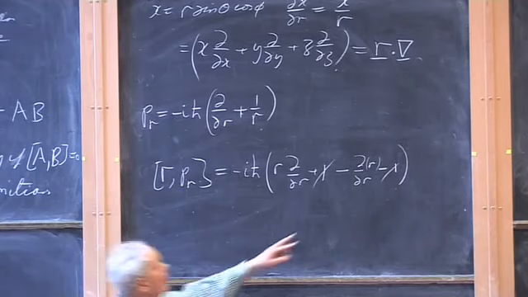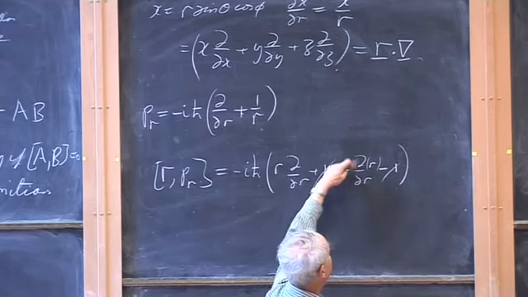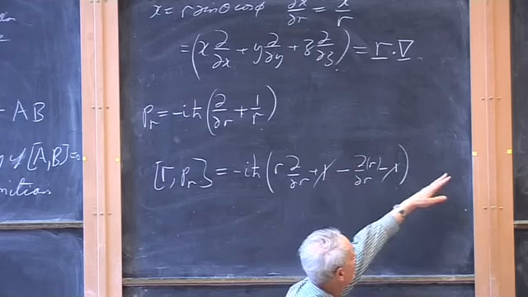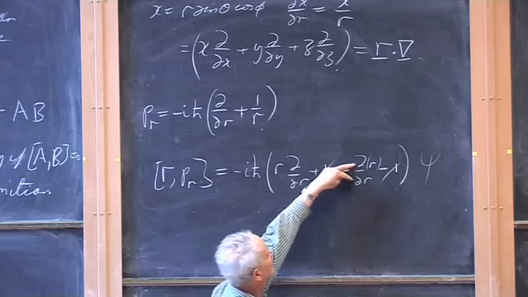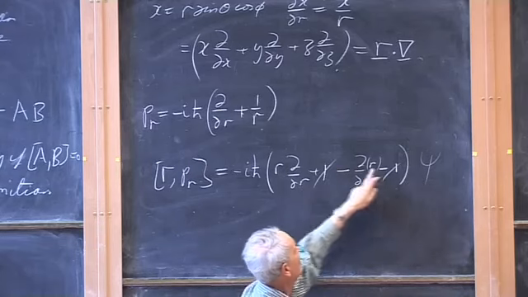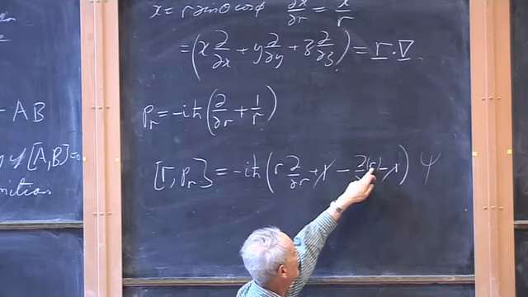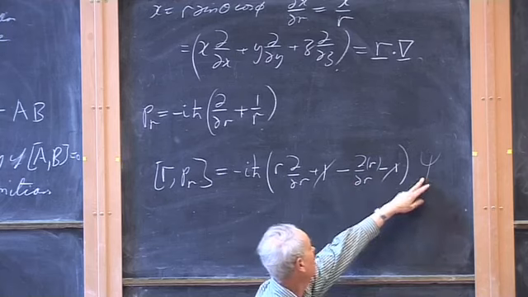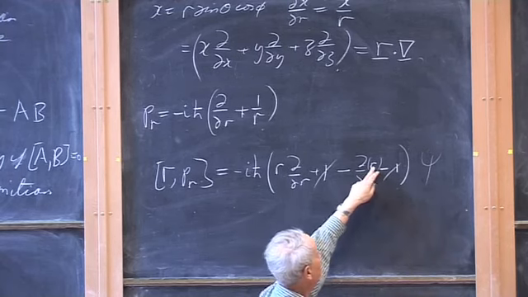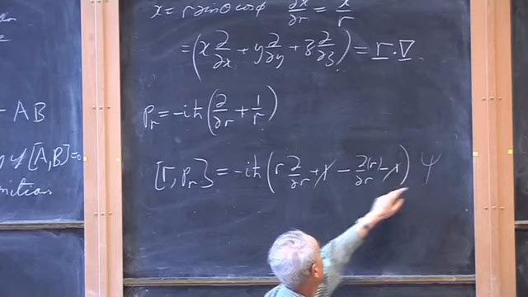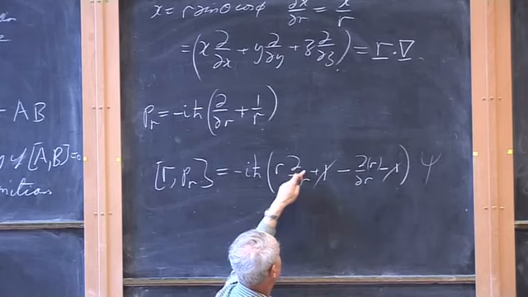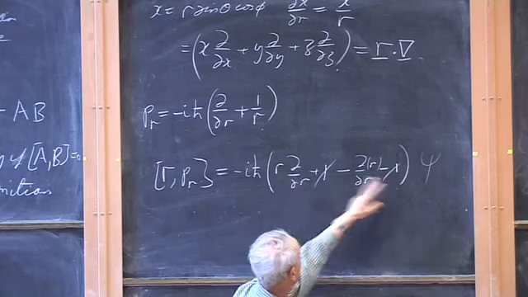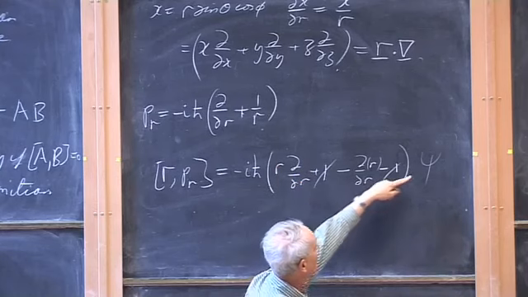Right, now as I say, what does this mean? This means d by dr of everything to its right. And there's a phantom wave function here waiting to be operated on. So this is the derivative of r times psi. When we take the derivative of the r, we get 1 times psi. And then the r stands idly by, and we do the gradient of psi. The second term cancels, because r times the gradient of psi is occurring here with a plus sign, and there it will be occurring with a minus sign.